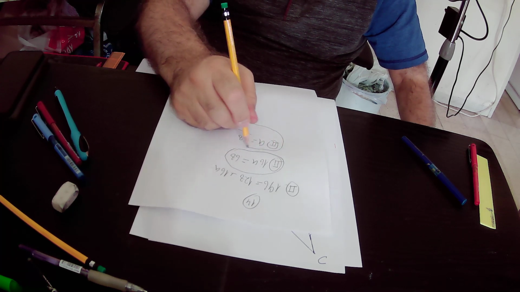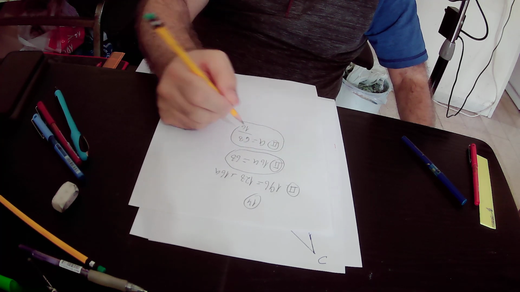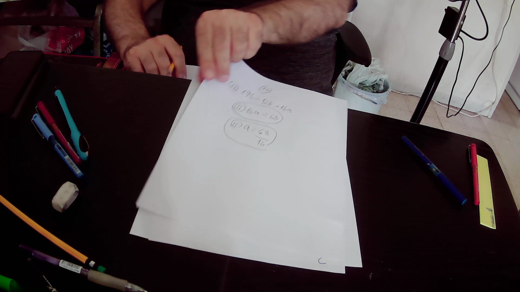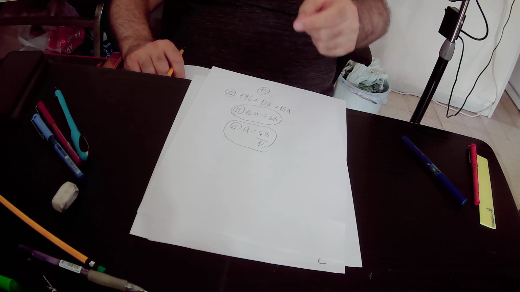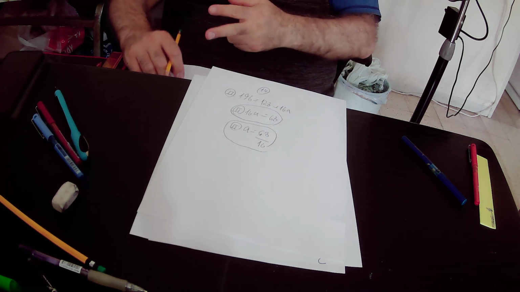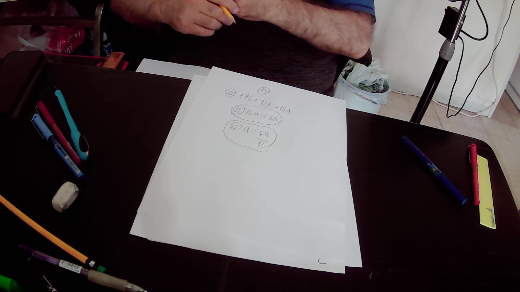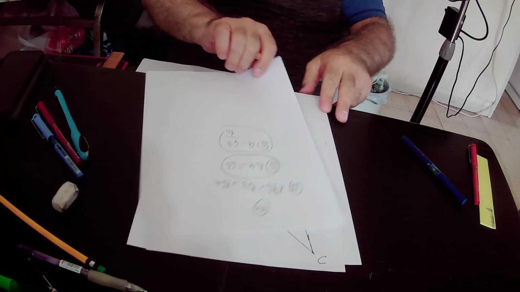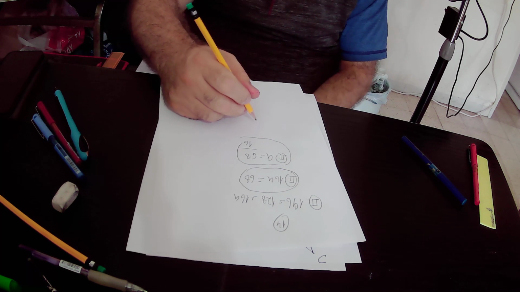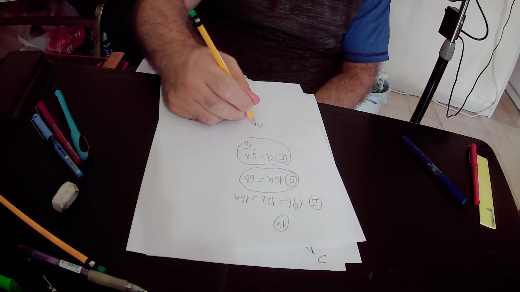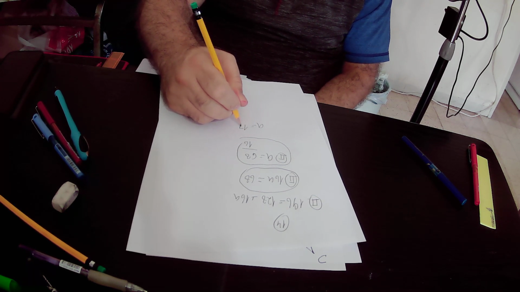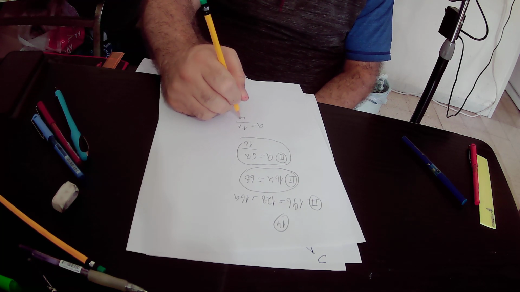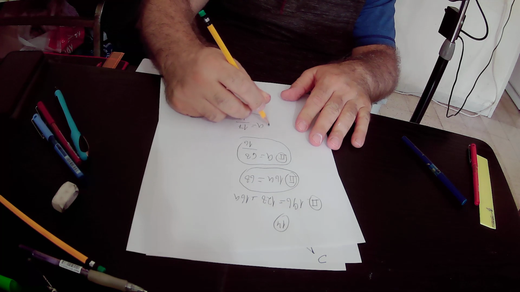Okay, and if we divide the numerator and the denominator of this equality by 4, we will get that a equals 17 over 4. 68 over 4 is 17, and 16 over 4 is 4.